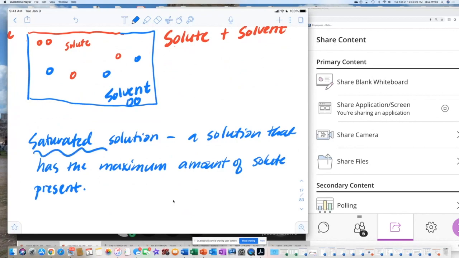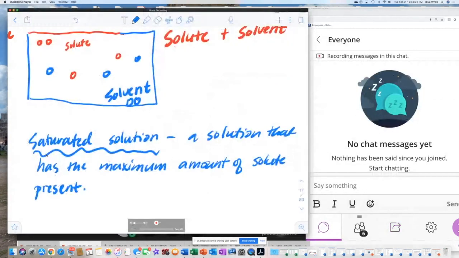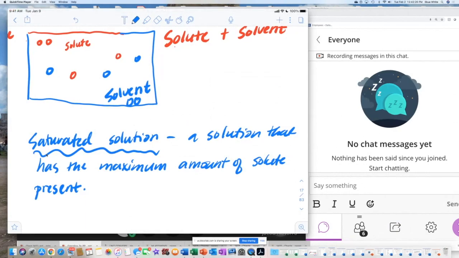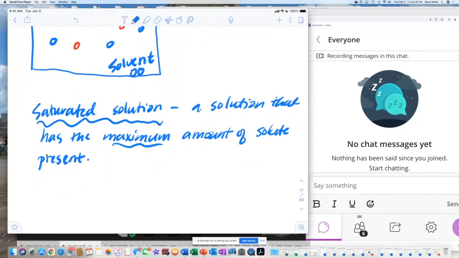Many times I hear the English word saturation referring to liquid, like there's so much liquid in a sponge, or you're trying to absorb liquid somewhere else. But the context here is the amount of solute in the solvent. You have the maximum amount of solute. And then if that's saturated, then there's unsaturated.